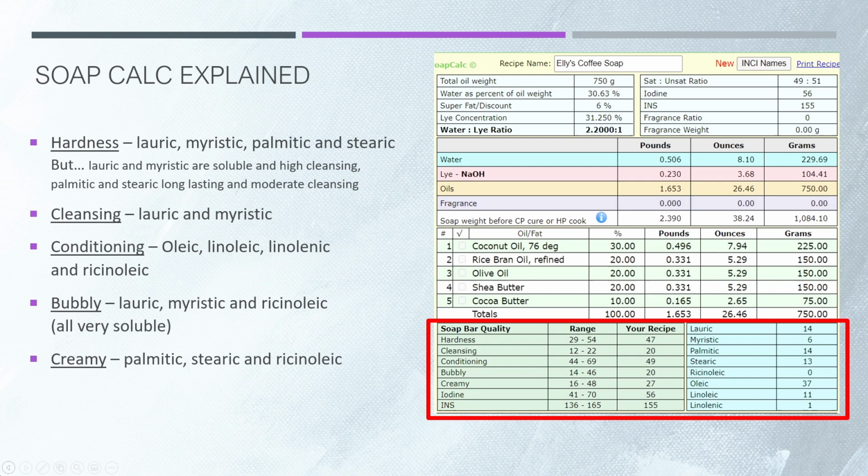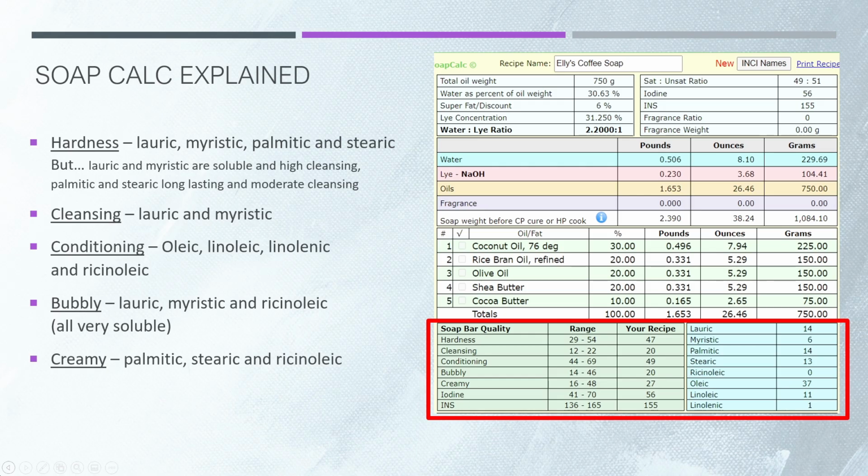And the conditioning criteria for Soapcalc is calculated on the basis of oleic, linoleic, linolenic and ricinoleic acids in your soap recipe, which makes sense. All of those fatty acids contribute to mildness in a soap. So this is really the opposite of cleansing.